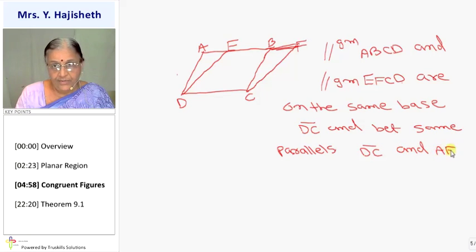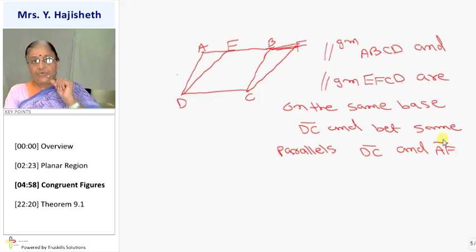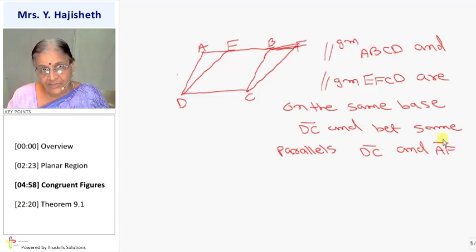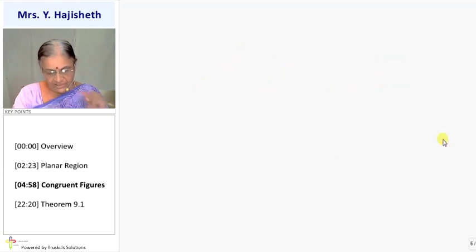Clear? So if two parallelograms are on the same base and between the same parallels, then they are always equal in area. That we are going to learn as an important theorem in the next lecture, or later on.